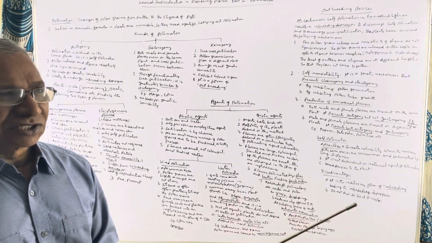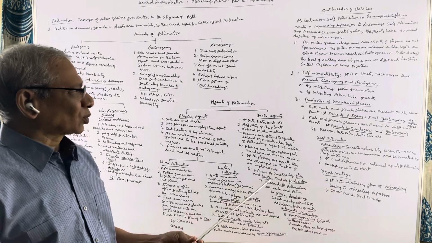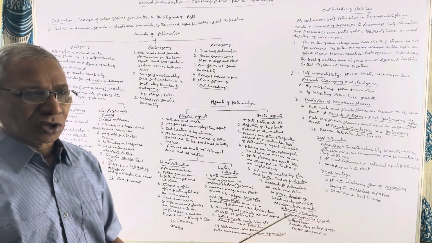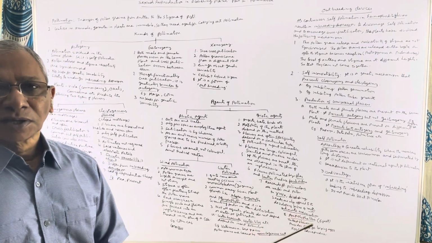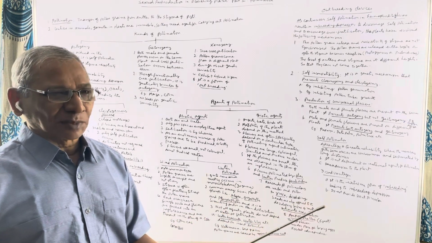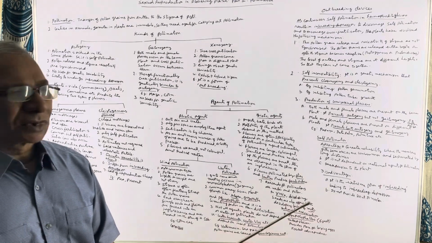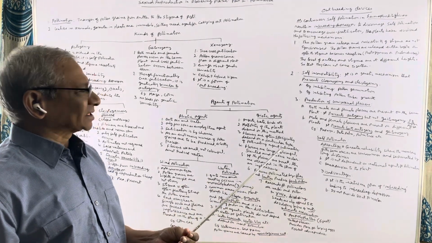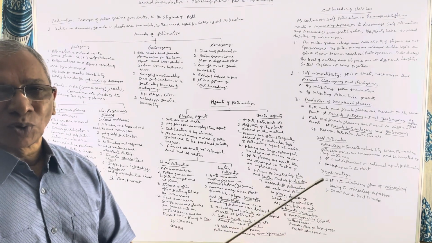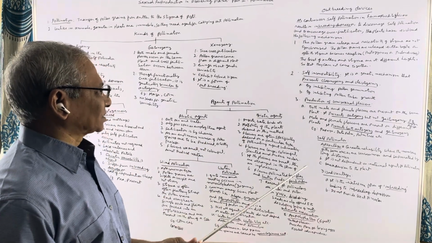This is done through protandrous or protogynous nature. Already I have told you, protandrous nature means the pollen grains are released much before the receptivity develops in the stigma. Protogynous nature means ovaries mature earlier than the pollen grains. In this way, self-fertilization is prevented in bisexual flowers.